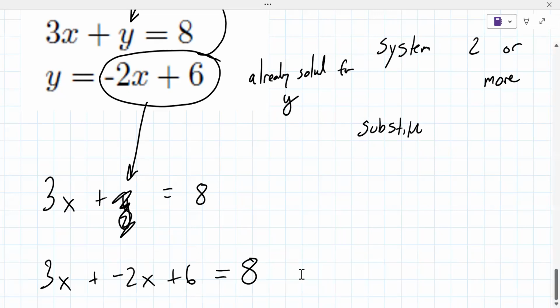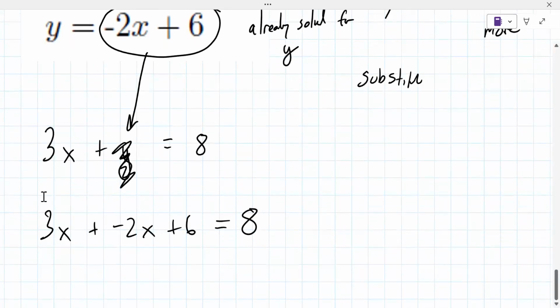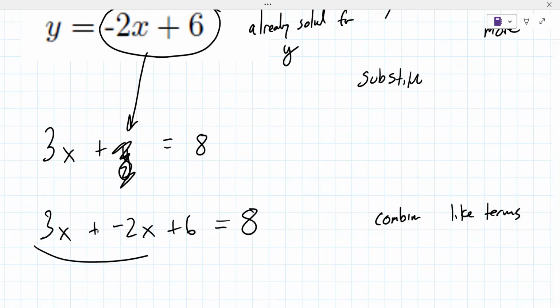Now, we've solved equations like this where you have variables on the same side. Do you remember how we talked about combining like terms? Are there any like terms on the left? Yes, negative 2x and 3x. So what do those add up to? 3 and negative 2, and you add them.